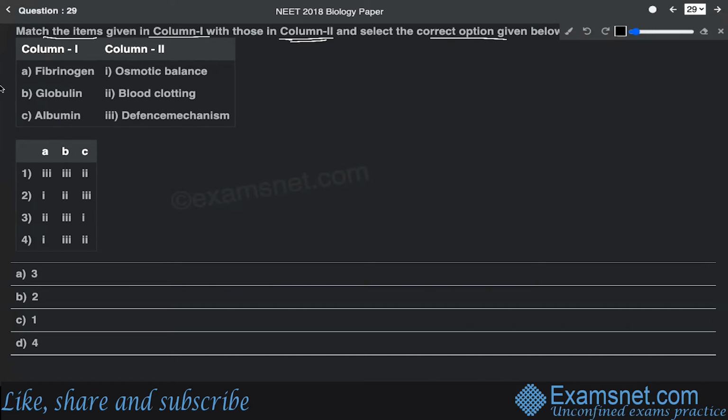So let us talk about the nature of the plasma proteins given here. The first one is fibrinogen. Fibrinogen is basically a blood clotting protein that plays a very important role. It is an inactive form, which gets converted into its active form, fibrin.